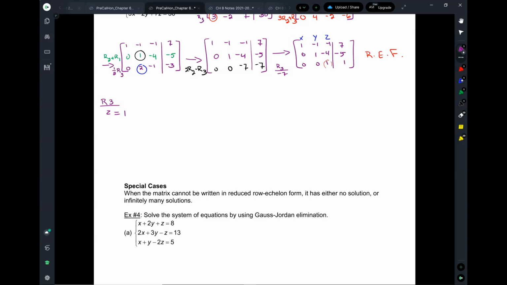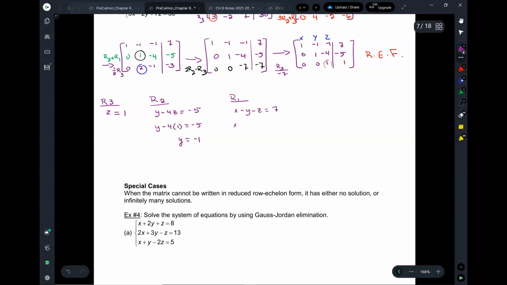Okay, now, from row 2, we have that y minus 4z is equal to negative 5. Y minus 4 times 1 is negative 5. So y is negative 1. From row 1, I have that x minus y minus z is equal to 7.